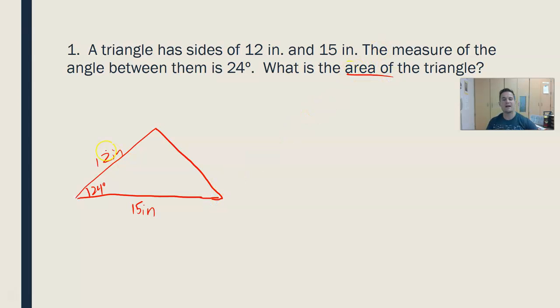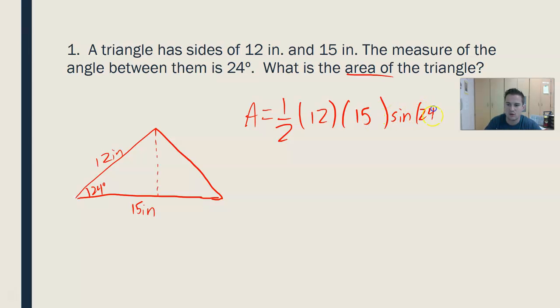Well, I could go back and say, okay, I'm going to need to find the height, and use trigonometry to find the height. But what we did before using trigonometry to find the height, we discovered this formula that will work every single time for finding the area of these kinds of triangles. So the area of this triangle is 1/2 times the product of the two sides, so times 12 times 15, times the sine of the included angle, or sine of 24.